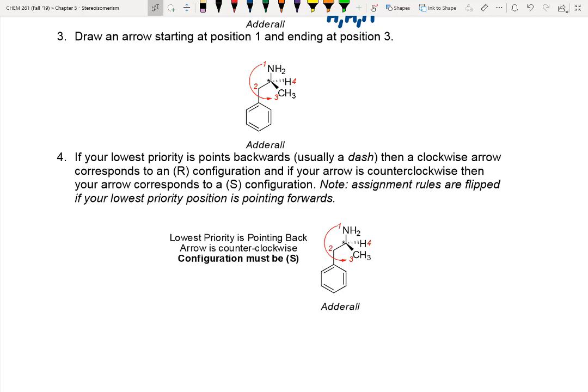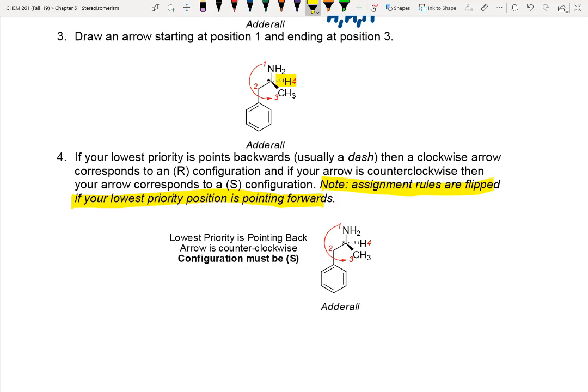All right, if we go to the right, that would be an R stereocenter. So that's anytime your lowest priority is in a dash configuration. If you notice down here, it says assignment rules are flipped if your lowest priority is pointed forward. So what would happen if we made that hydrogen a wedge and then the methyl group a dash?